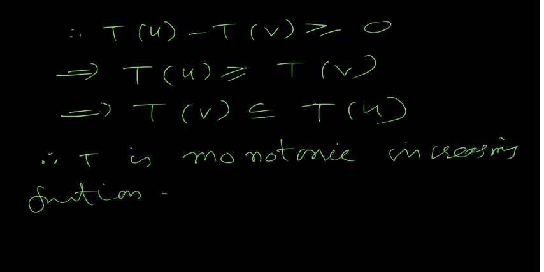Okay, next we show that this f of x minus t of x is also monotonic increasing. Exercise.